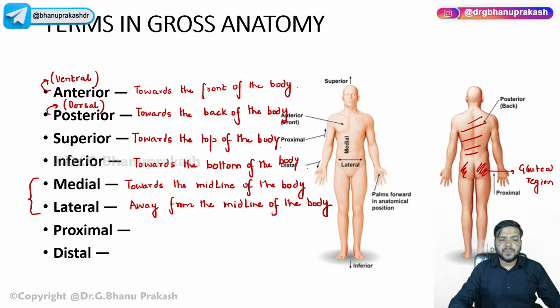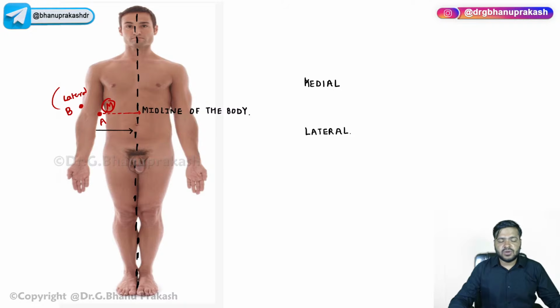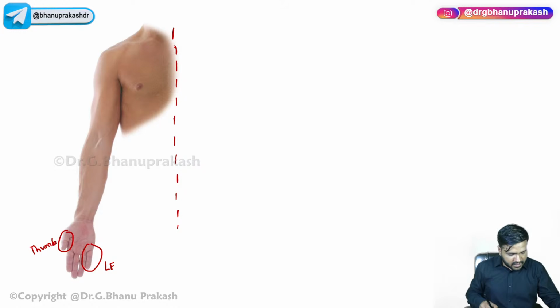Now guys, you are going to tell me, in the normal anatomical position, out of the little finger and the thumb, which one is medial and which one is lateral?